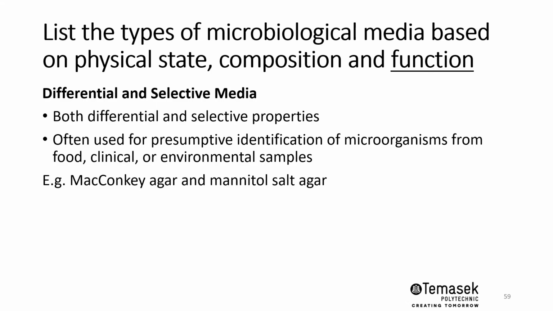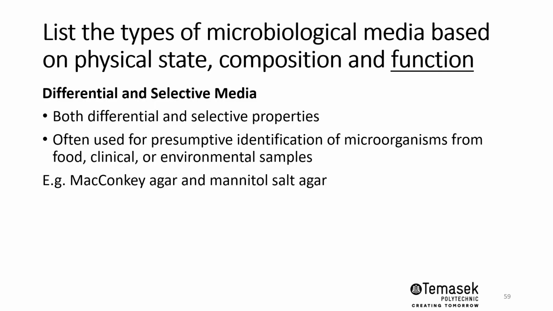They're able to differentiate colonies of different species by displaying visual differences between them. The variation, again, as I mentioned, can be due to their color, can be due to their size, due to the media changes around them, as well as some of the formation of gas bubbles or precipitate, which we will see in the triple sugar iron agar later. All right, but often they also exhibit selective properties also. So the selective properties allow them to favor certain growth, right?